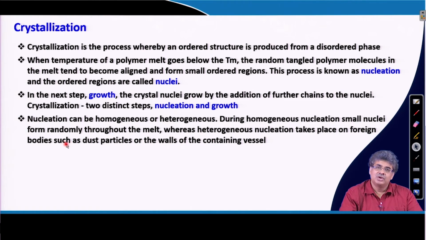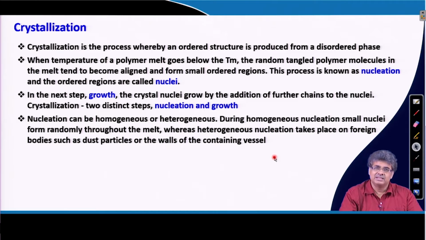Sometimes we deliberately add external agents called nucleating agents, which act as the points where nucleation can take place, because polymer crystallization happens mostly through heterogeneous nucleation, not through homogeneous nucleation.